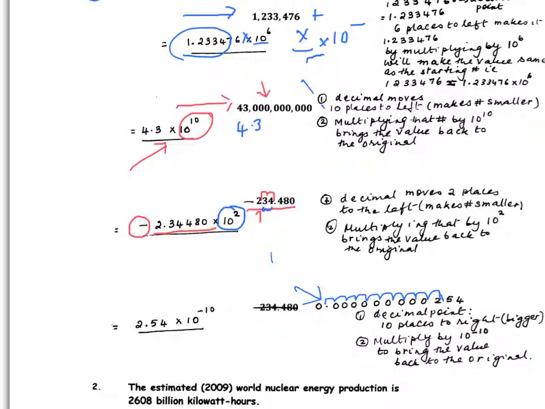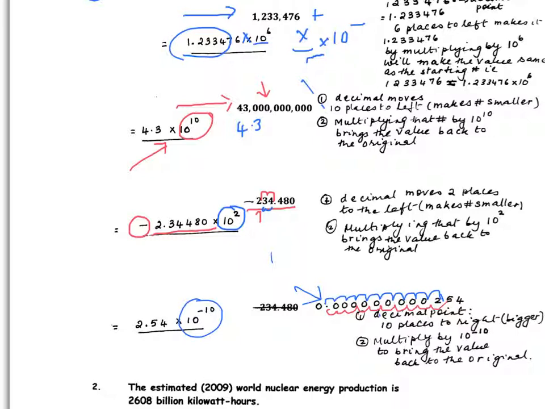So why is it times 10 to the negative 10? It's because we've moved the decimal point to the right, which is the same as multiplying with 10 to the 10th power. To compensate for that, what we need to do is to shift the decimal point back by 10 places, and that is the same as multiplying with 10 to the negative 10.